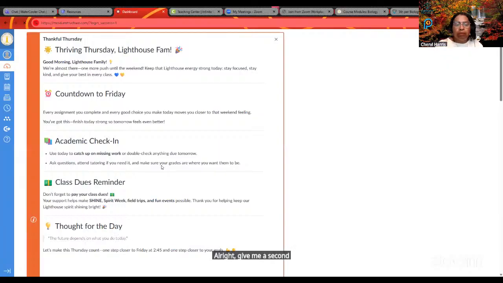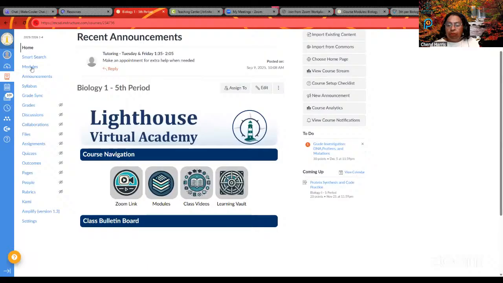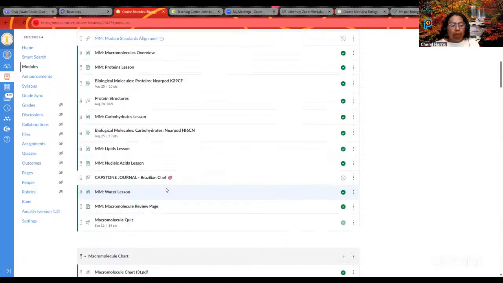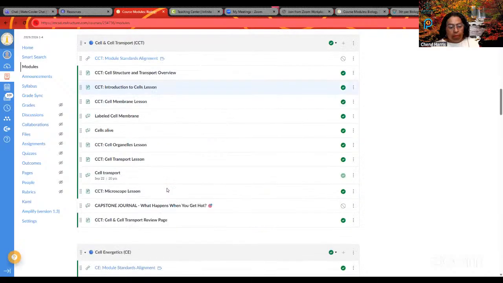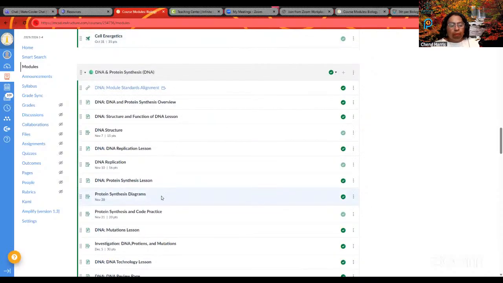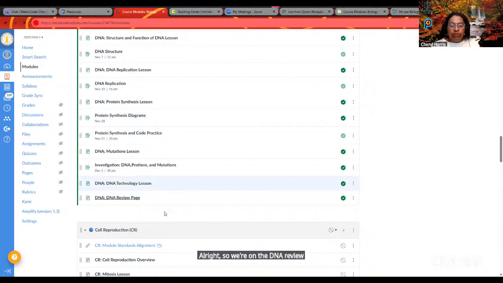I'm just trying to get 2 pages open so that when I go back and forth, I don't have to make the other one disappear. Okay. All right, so we're on the DNA review page.